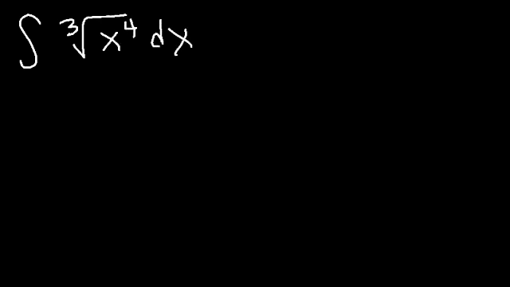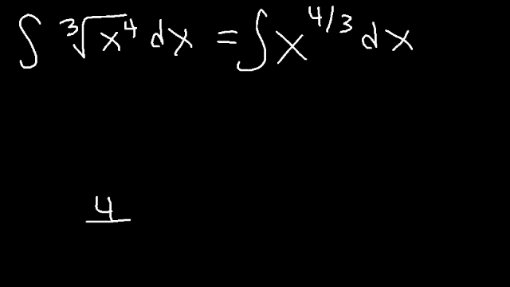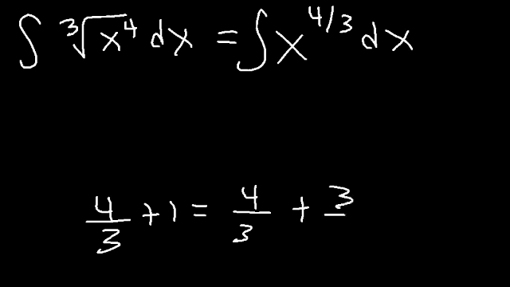Here's another one that you can try. What is the antiderivative of the cube root of x to the fourth? So go ahead and pause the video and work on this example. Now the first thing that we need to do is rewrite it. You can rewrite it as x to the 4/3. Now 4/3 plus 1 is the same as 4/3 plus 3/3, which is 7/3.